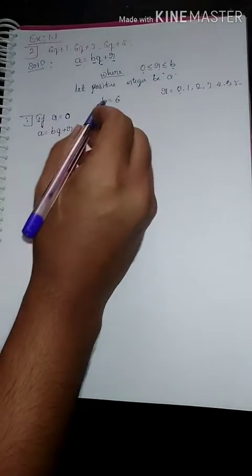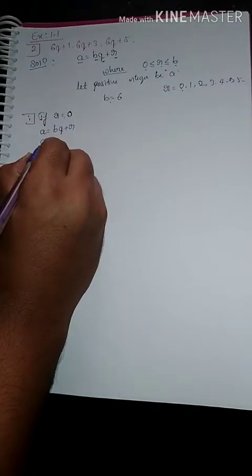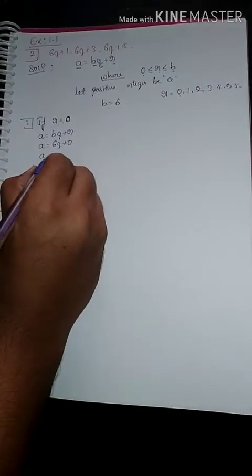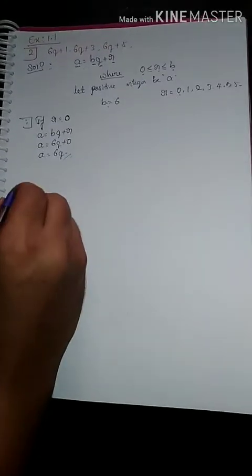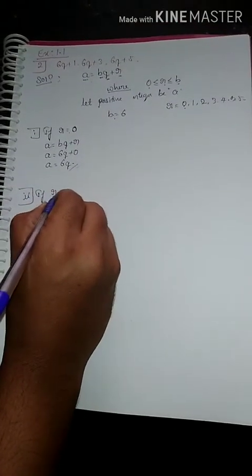So when b is equal to 6 and r is equal to 0, the Euclid division lemma becomes a is equal to 6q plus 0, which is nothing but a is equal to 6q. Then the second case, r is equal to 1.